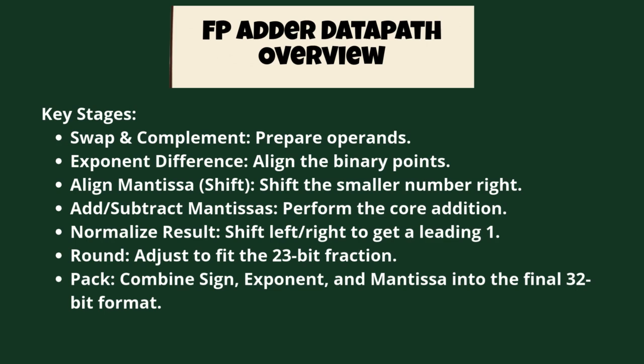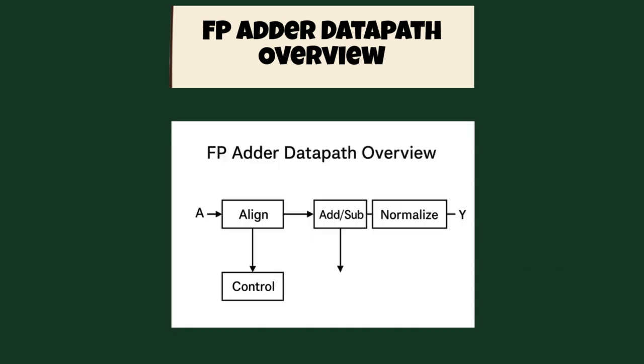Datapath diagram. This is the full datapath that combines all the stages. It shows how the number flows through comparison, shifting, addition, normalization, and rounding before being packed into the final floating point representation. Next, we describe each module more clearly.